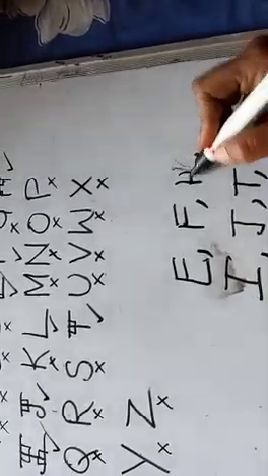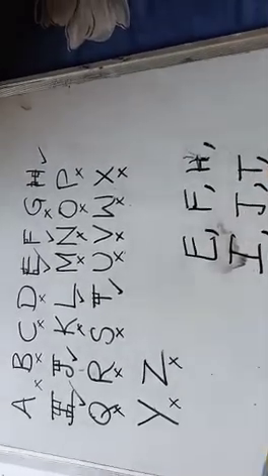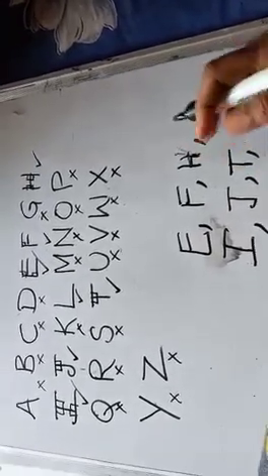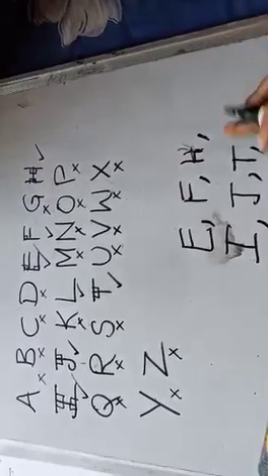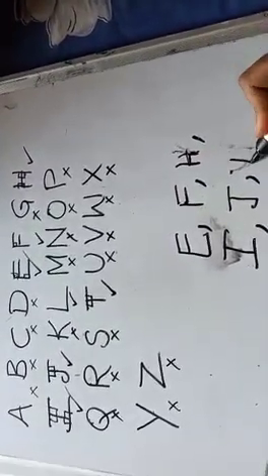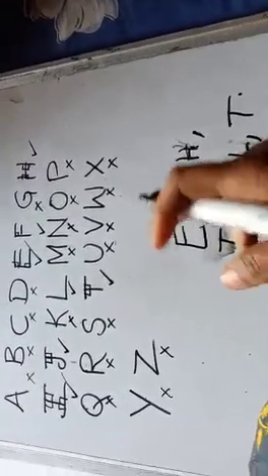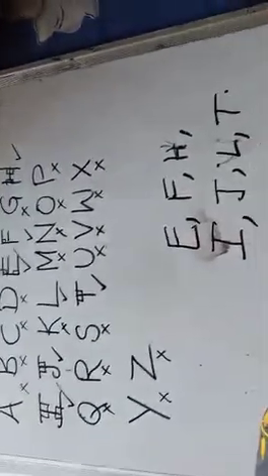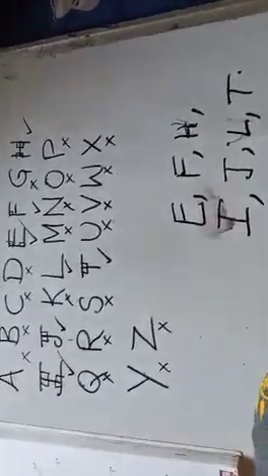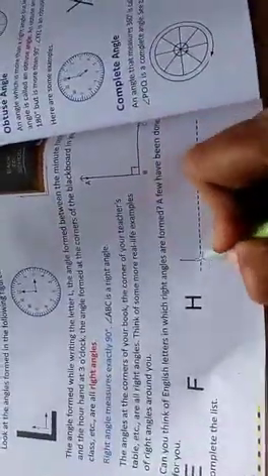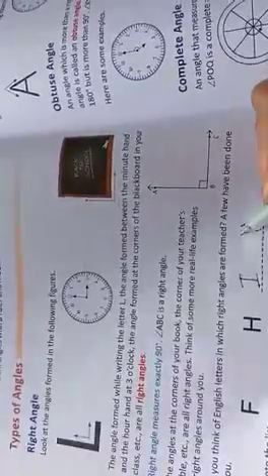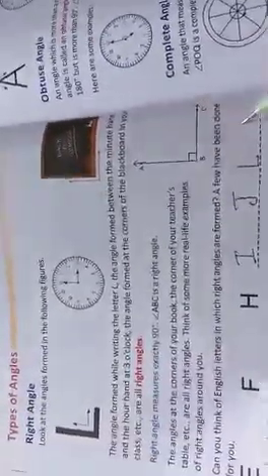E, F, H, I, J, T. We forgot to write L also, children. L, T. These are the letters in which there are 90 degrees. Okay. So I, J, L, T. E, F, H. In I, in J, in L, and in T.